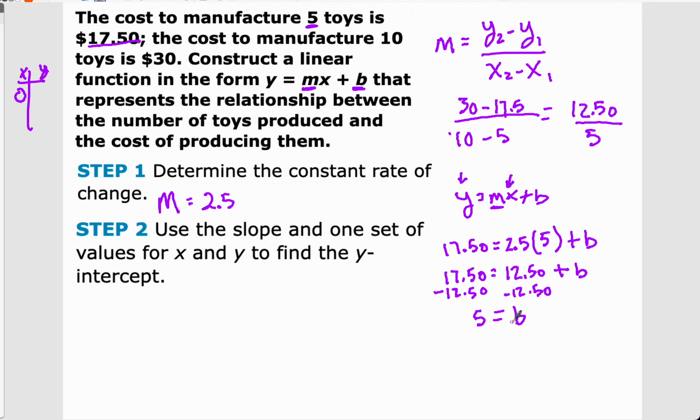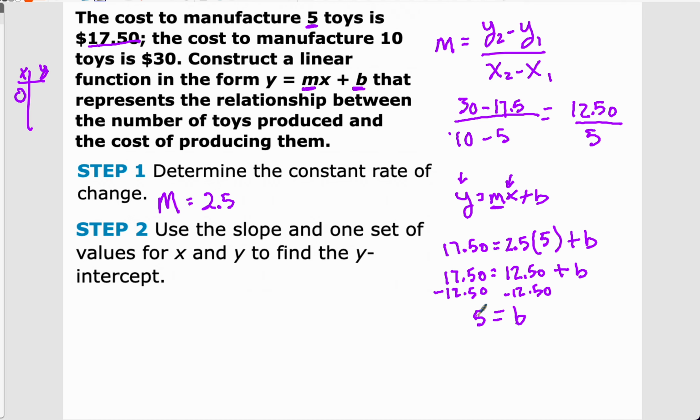That means for every toy that I produce, I have $5 of expense before I ever even have produced a toy. I've got to pay the electric bill, I've got to buy the robots that make the toys, I've got to buy the paints and supplies and all that stuff before I ever even make a toy.